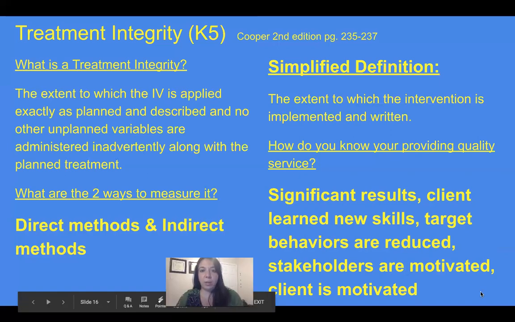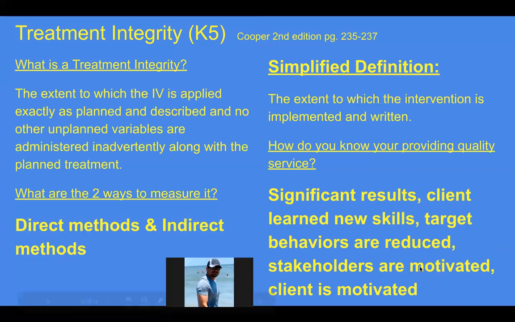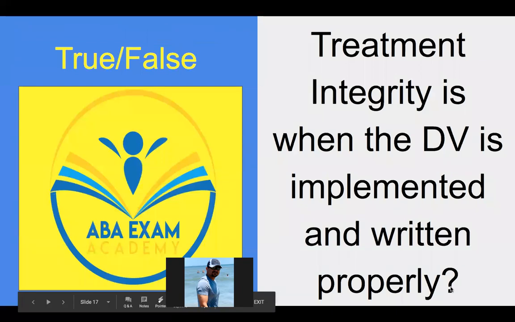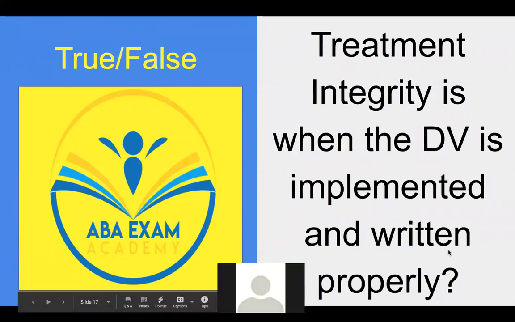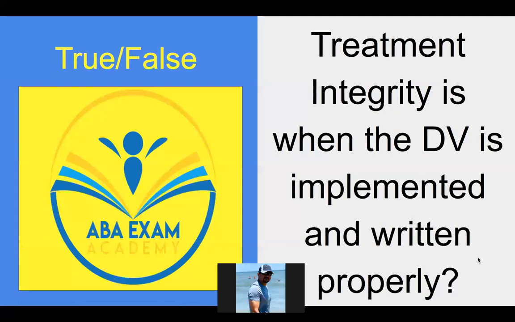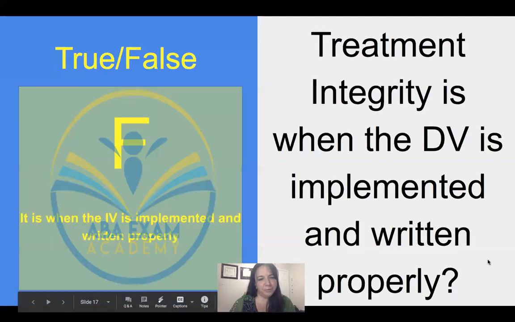All right. Does anybody have any questions? No. Awesome. All right, treatment integrity is when the DV is implemented and written properly. False. DV is behavior. It's the IV. Wow, you guys know your stuff.